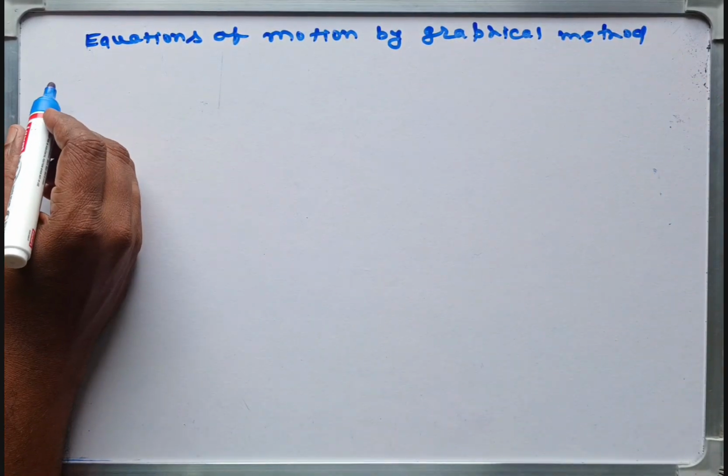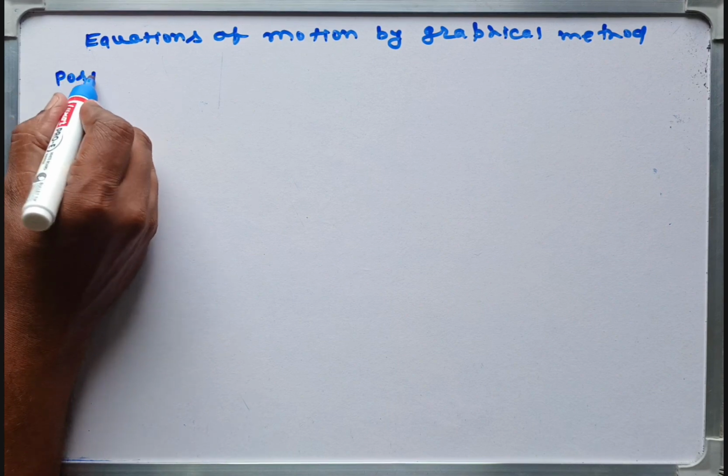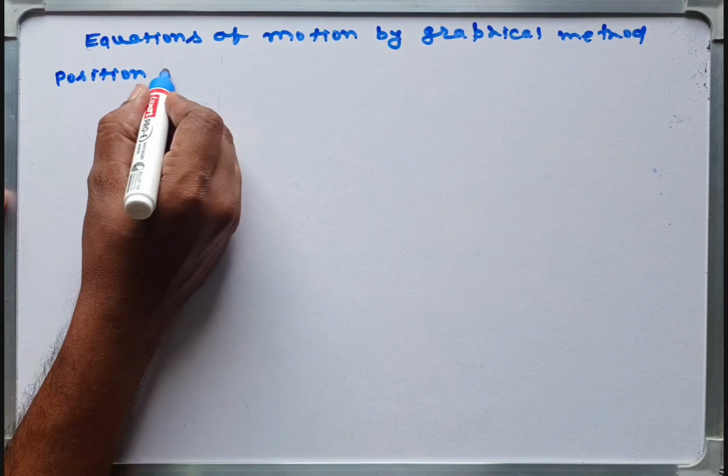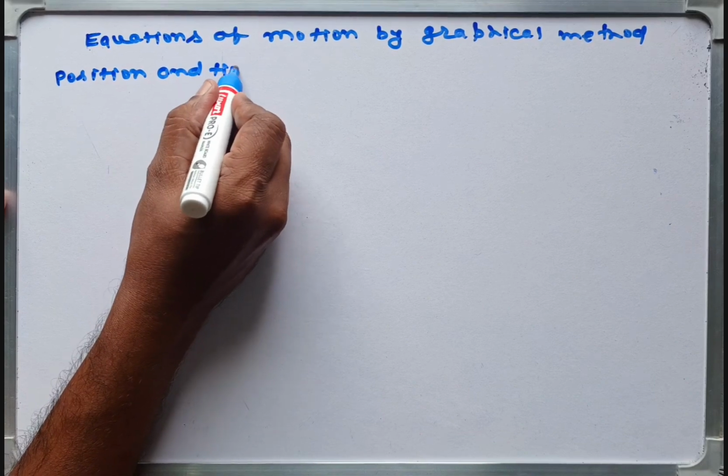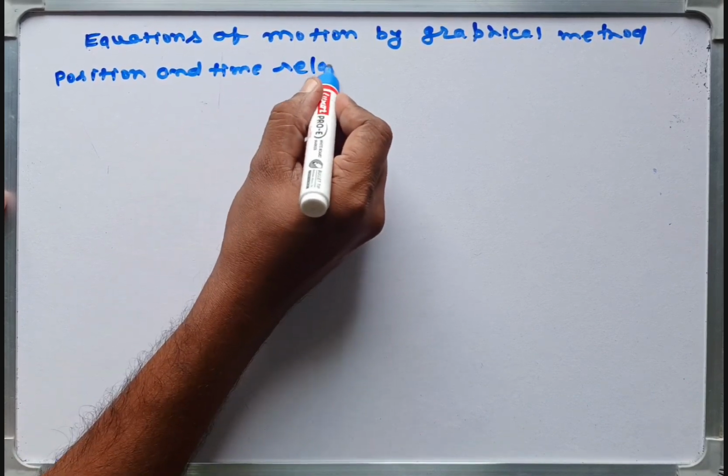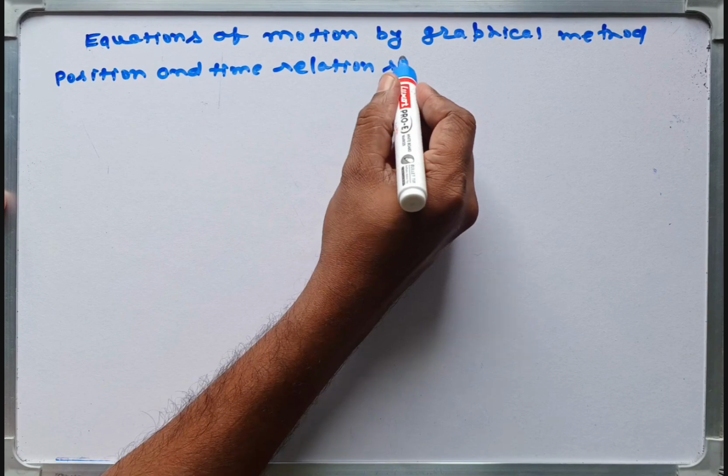The first one is the position and time relationship.